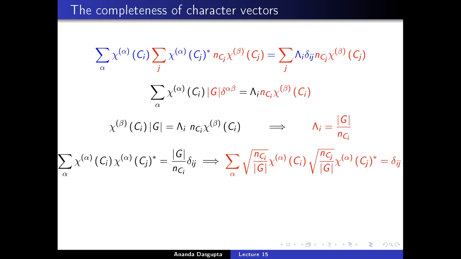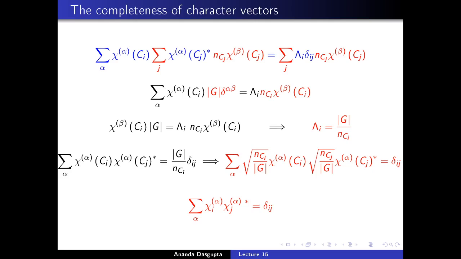But the reason why I have written this in this particular form is to emphasize that chi alpha ci times square root of nci by mod g is nothing but chi I alpha, the component of the orthonormal character vectors that we used. And the next entry is just chi j alpha star.